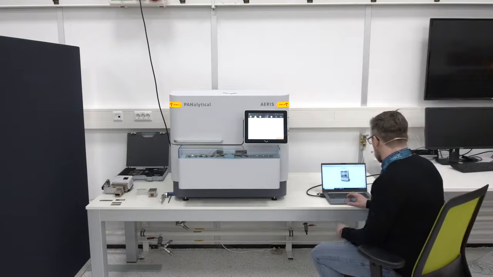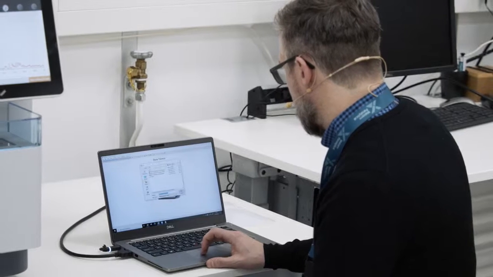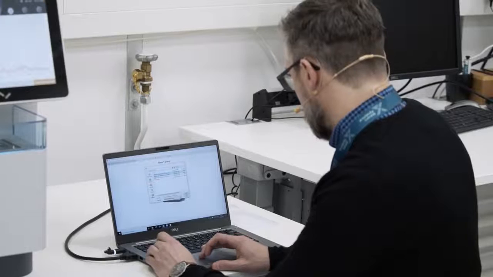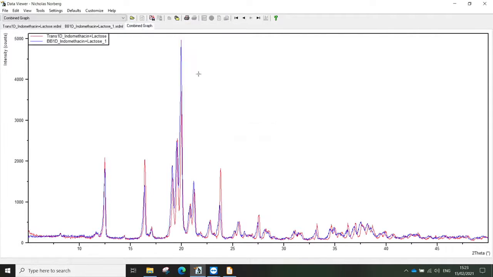And again, for that, I open Data Viewer and import the two scans. So, this is the comparison. At first sight, the two data sets look very similar, the red one being the transmission measurement, the blue one being the Bragg-Brentano measurement.